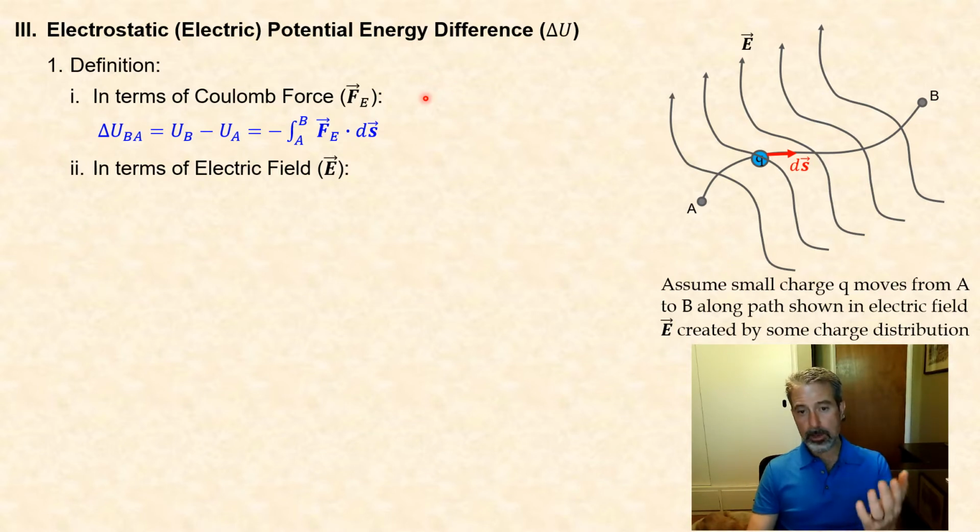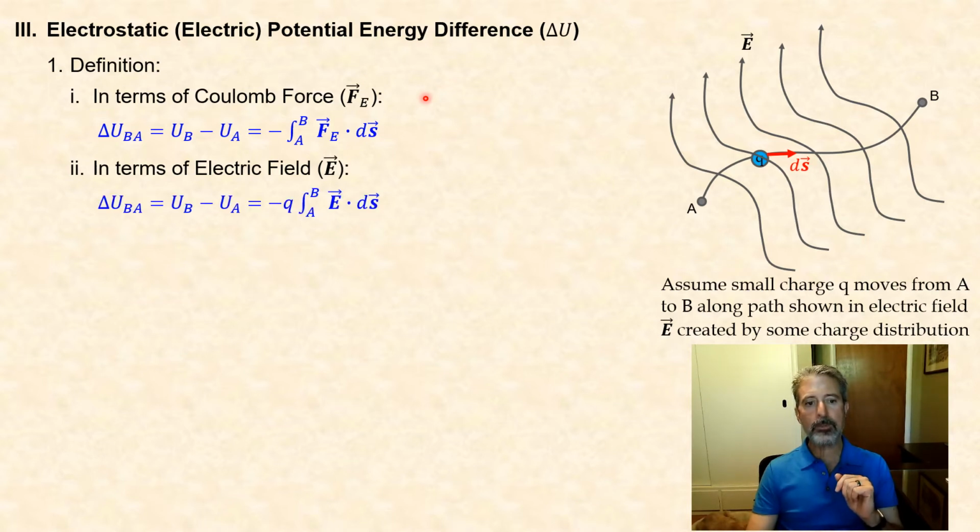So we will more often express the change in potential energy that a charge experiences in terms of the electric field rather than the Coulomb force. Just substituting in, if the Coulomb force is equal to the charge times the electric field strength, F sub E is Q times E, then we have a similar expression for the change in electric potential energy.